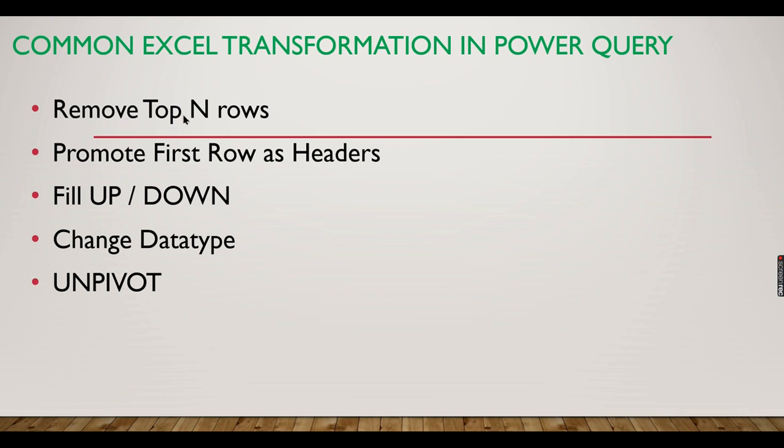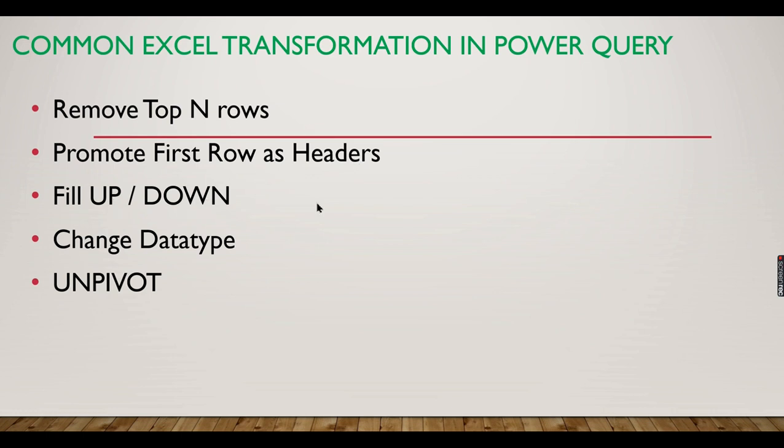So these are some of the common transformations. This is very simple, but to follow the flow, I'm retaking these small transformations. Usually you will end up with some header rows. You need to remove them, and then you need to promote some of the rows as column headers.